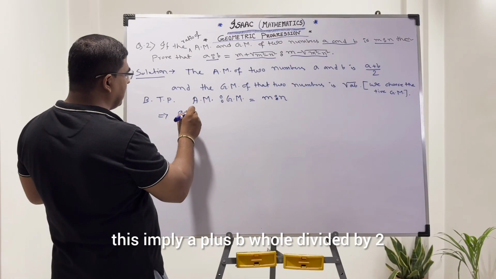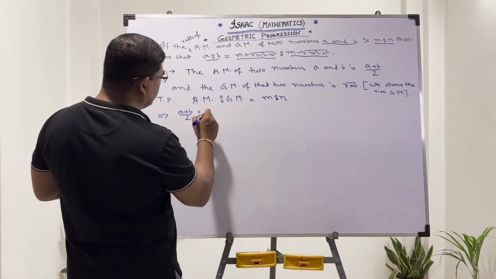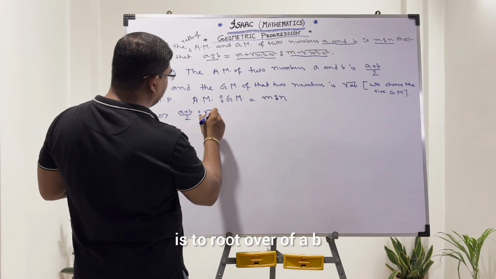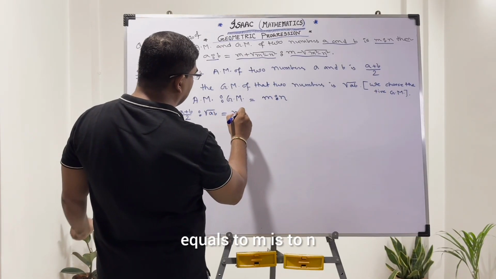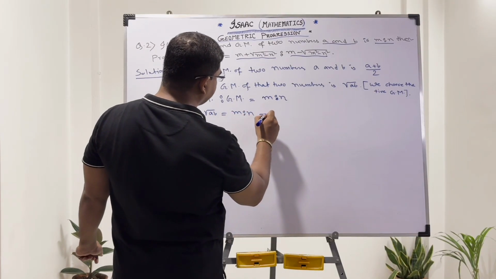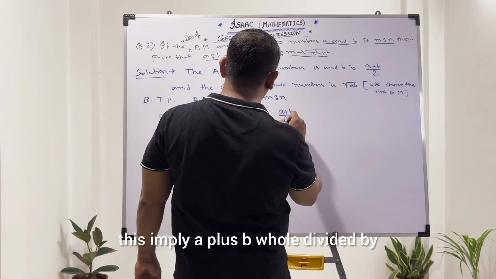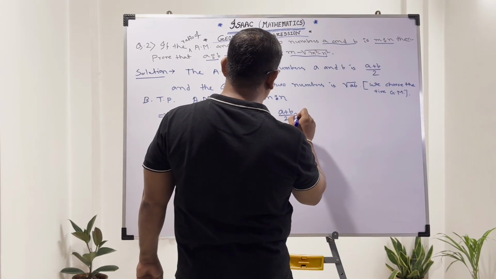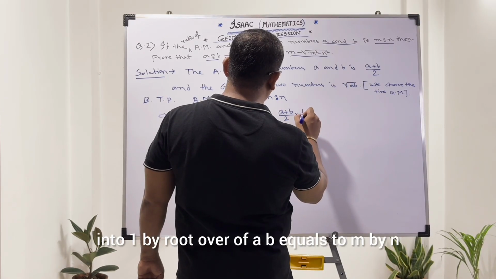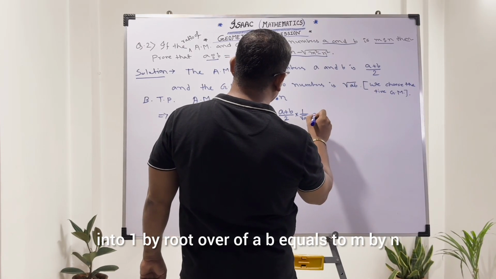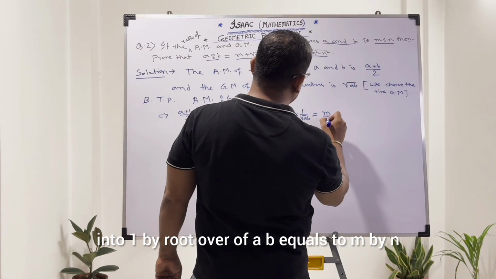This implies A plus B whole divided by 2 is to root over of AB equals to m is to n. This implies A plus B whole divided by 2 into 1 by root over of AB equals to m by n.